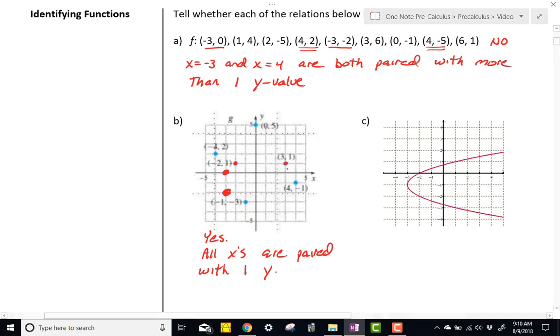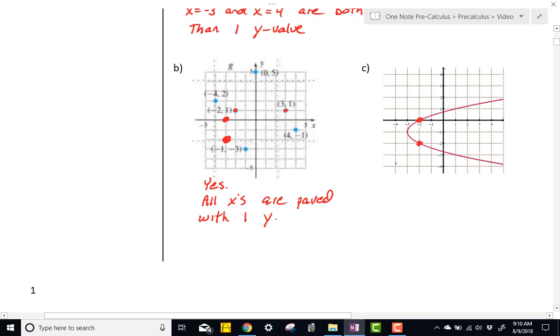That's okay. So when I look at letter C and I'm asking myself, do I see any x's paired with more than one y? All I've got to do is look vertically. Now it doesn't matter where I go, but there's a pair right there that line up vertically, and that's all it takes is one pair. So I don't even have to worry about any more of them.